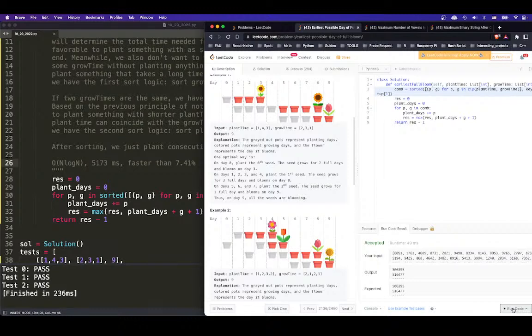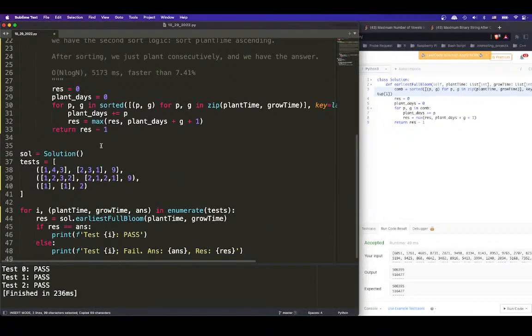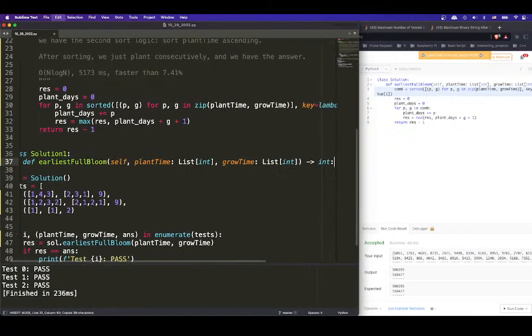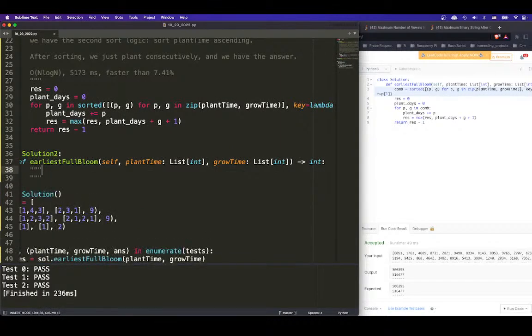Interesting. Very interesting. Alright, that's a new insight. The hints give a new insight.